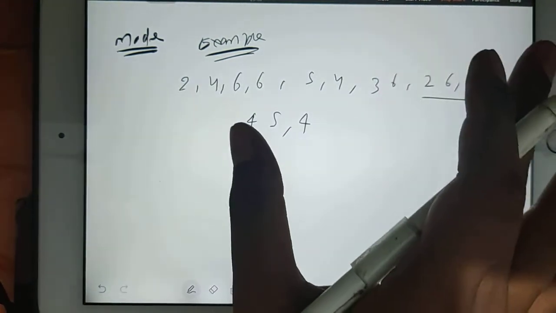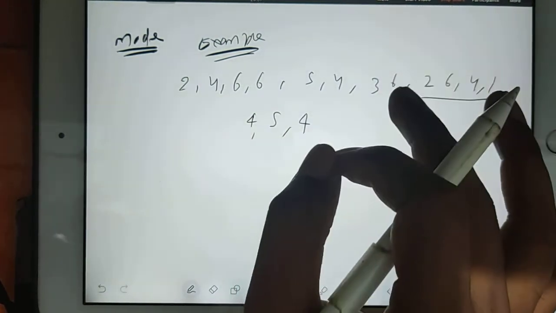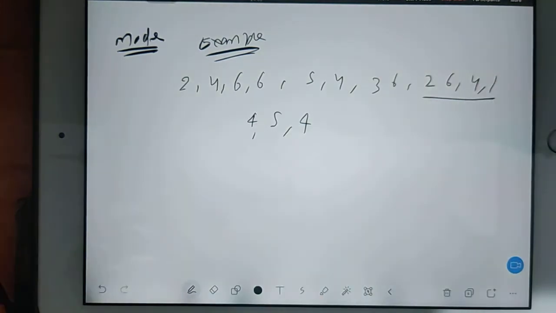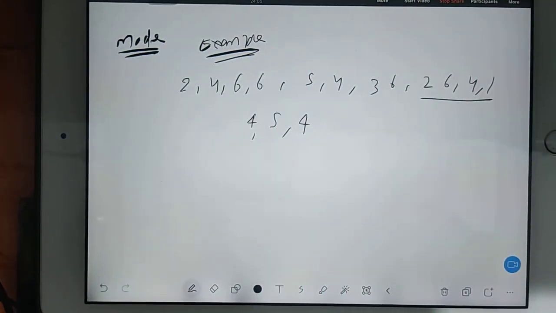This is the complete series, numbers are given. So what is the meaning of mode? Mode is the number which is occurring most frequently. Can you guys check which number is coming more frequently? Give it a try.